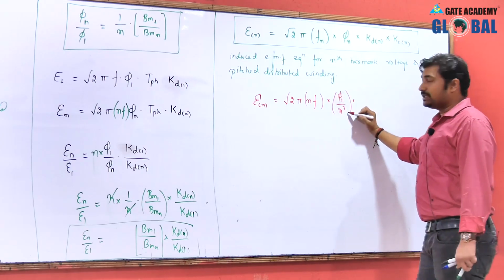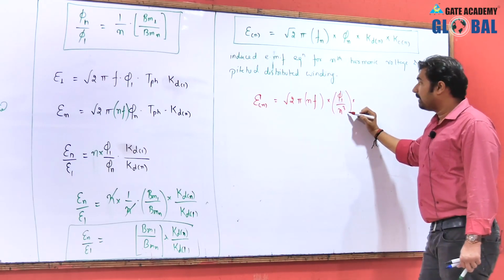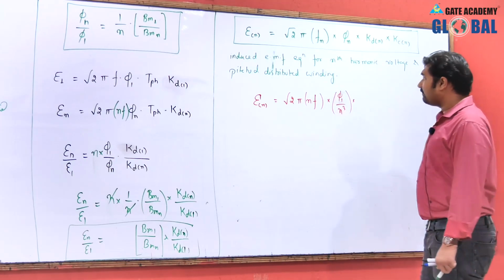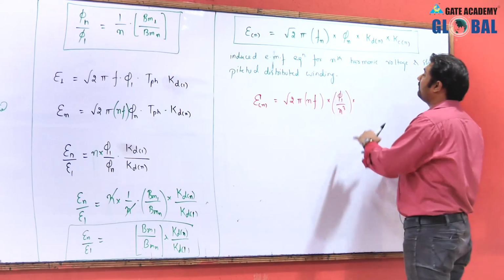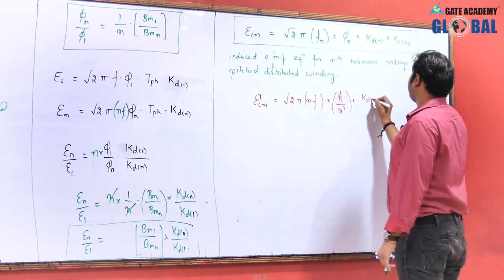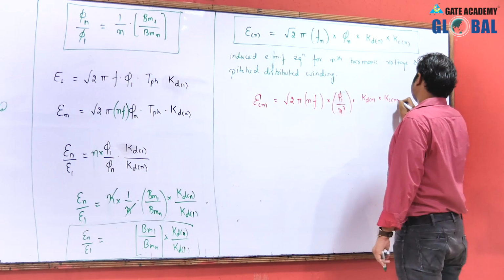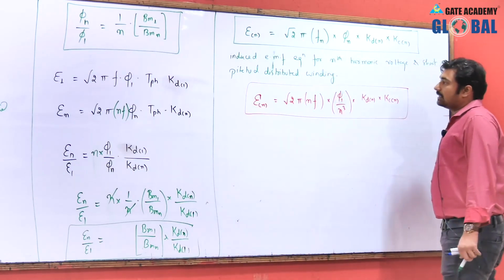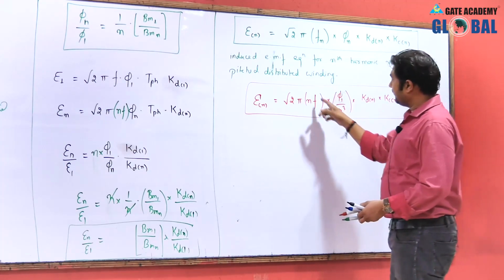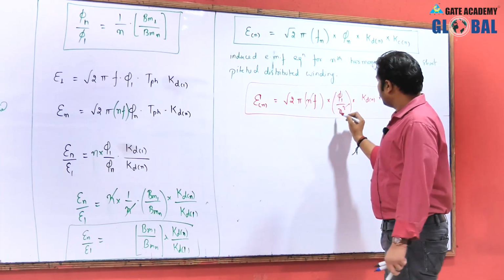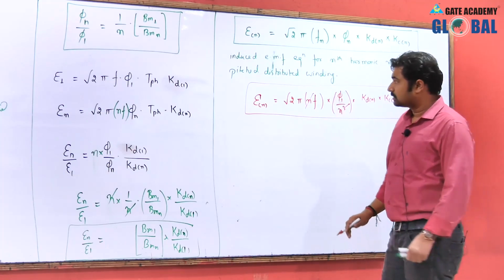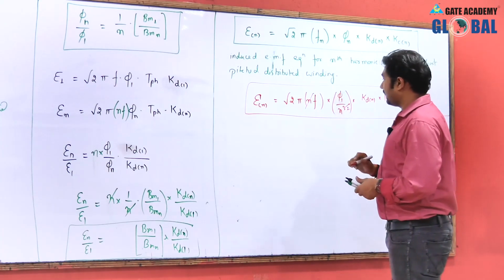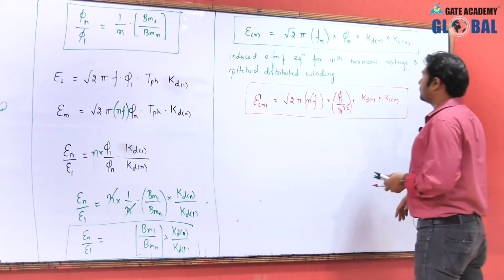So phi by n square is for the magnitude of the flux, the amplitude of the flux you can say, and n for the number of poles. So this will become phi 1 by n cube into Kd for nth harmonic into Kc for nth harmonic. So you can also go in this fashion. This is also going to be the same result. So this n and n will cancel out, and this will become 1 by n square times the fundamental. So nth harmonic voltage is also 1 by n square times the fundamental. Is it okay? So you may represent it in this way also.